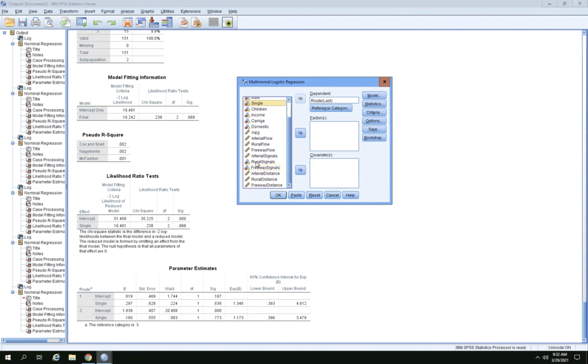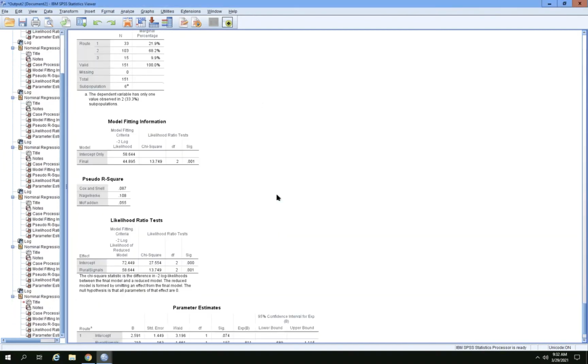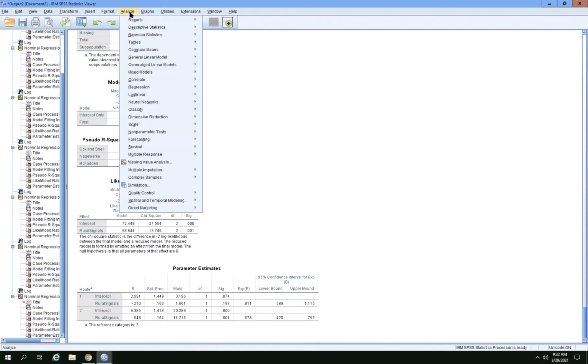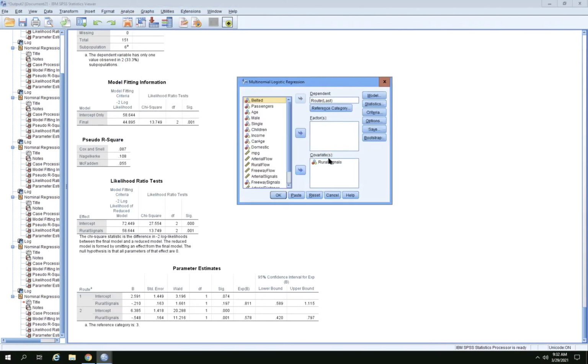So let's say the number of traffic signals that are on the rural route. We can include that as a covariate in our model. And so as you see here, the more signals there are on that route, the less desirable it is. And so we basically treated that as a continuous variable. We could also treat that as a factor rather than a covariate.